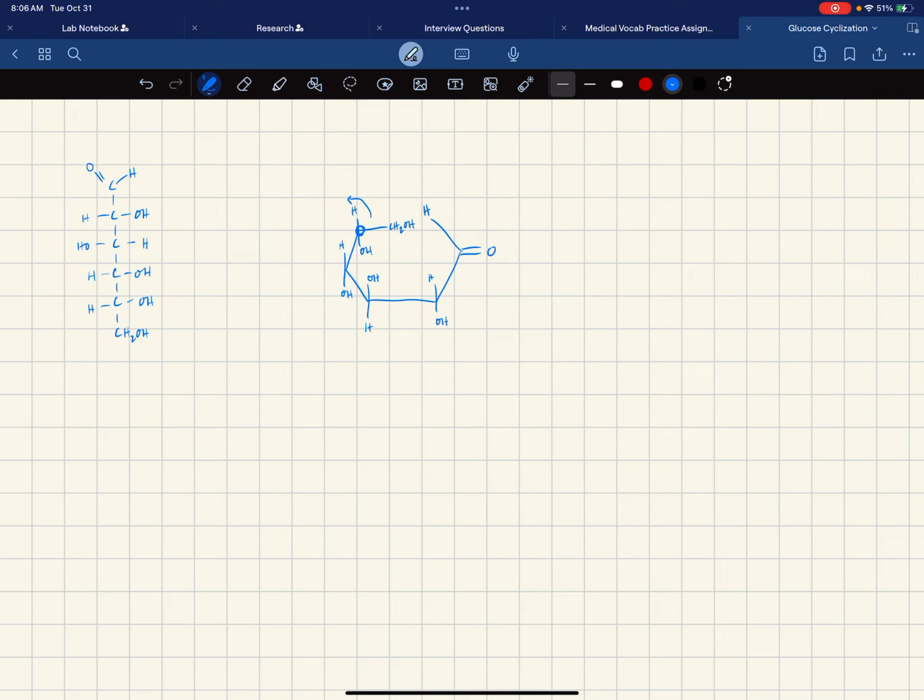So you essentially want the OH to come up to where this CH2OH was. And that can be a little bit hard to visualize at first. So essentially what that looks like is the same bond pattern, but my CH2OH will be up here because I rotated it. The hydrogen goes down here and the OH comes off to the side.